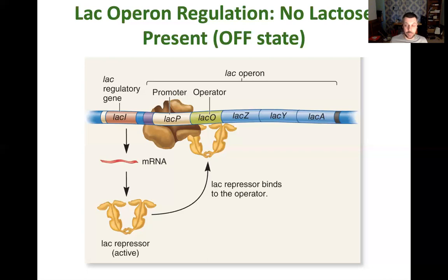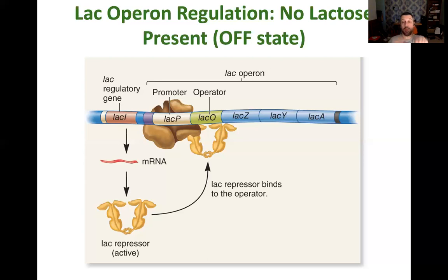And the LacP, the promoter's job, is to bind RNA polymerase. And it's shown in that state here. So we have RNA polymerase bound to the promoter. But notice that the RNA polymerase can't do what it wants to do, which is to move down this piece of DNA and transcribe these genes. And it can't do that because there's a whacking great repressor protein right in its way.